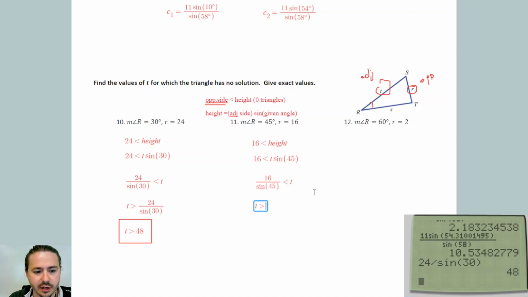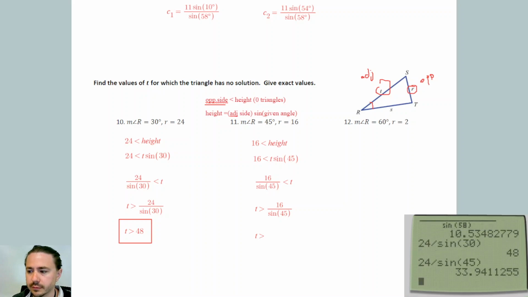So t is going to be greater than 16 over sine of 45. I don't think this is going to be rational. Sine of 45 is root 2 over 2, so we're going to have a decimal here. No big deal. So it's got to be greater than about 33.941.